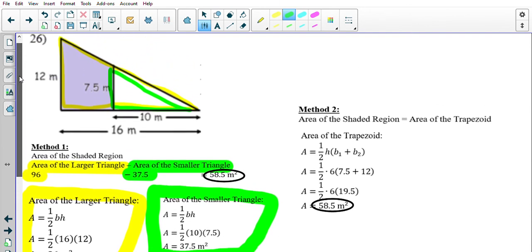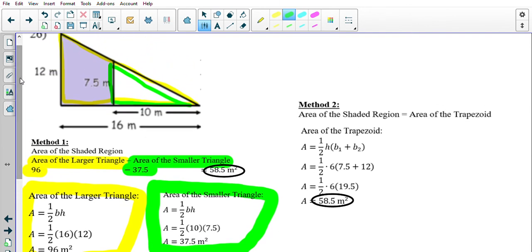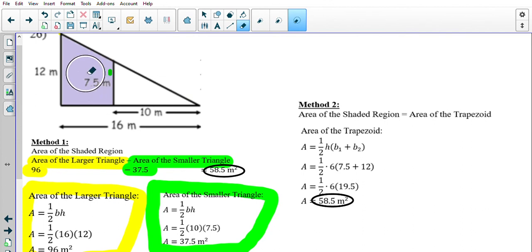And then finally, method 2, if you recognize that the shaded region is a trapezoid, we can actually use that to help us find the area. So you could treat this, I'm going to highlight it in blue, this region right here as a trapezoid, where the parallel sides are 7.5 and 12. Those are b sub 1 and b sub 2. The height of this is this length right here, which is 16 minus 10.